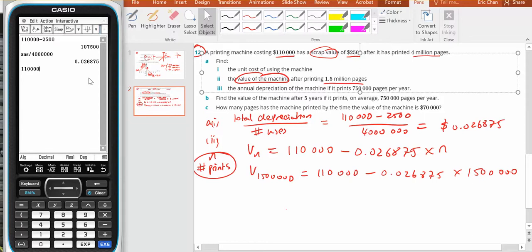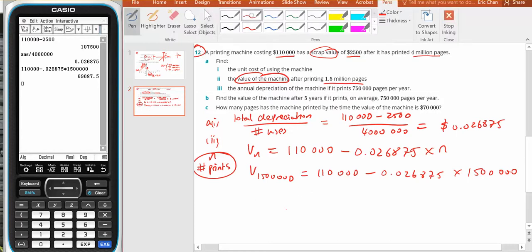Let's double check our rounding. That should be right. Yep, that's right. Okay, so after 1.5 million prints, our machine is actually worth $69,687.50. Make sure you round to this place always with money amounts.